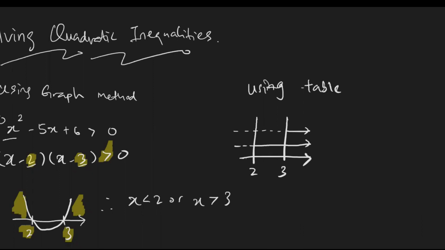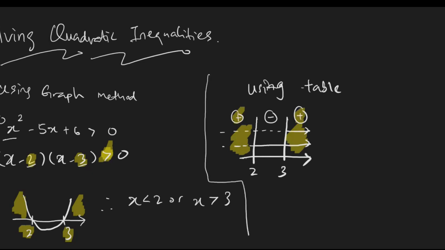A negative multiplied with a negative gives a positive, a negative multiplied with a positive gives a negative, and a positive multiplied with a positive gives a positive. In this case, because it is greater than, you choose the side that has positive, and so the answer will definitely be the same: x less than 2 or x greater than 3.